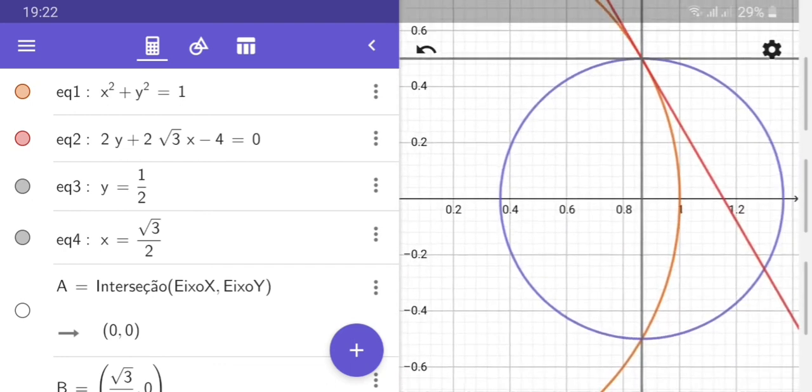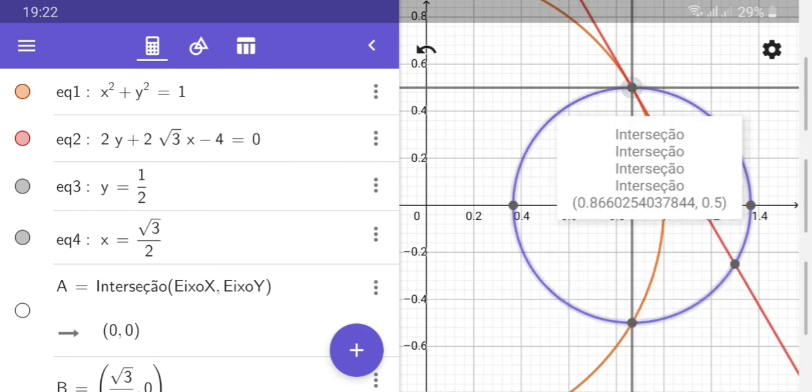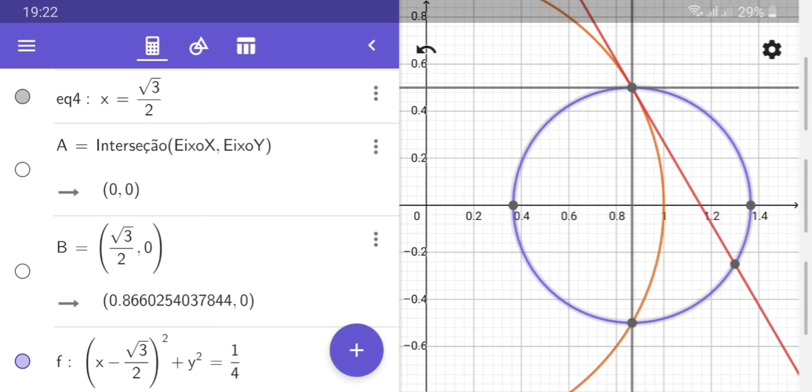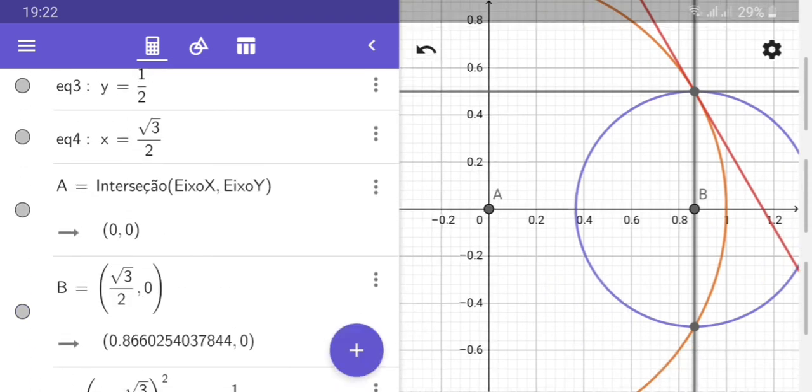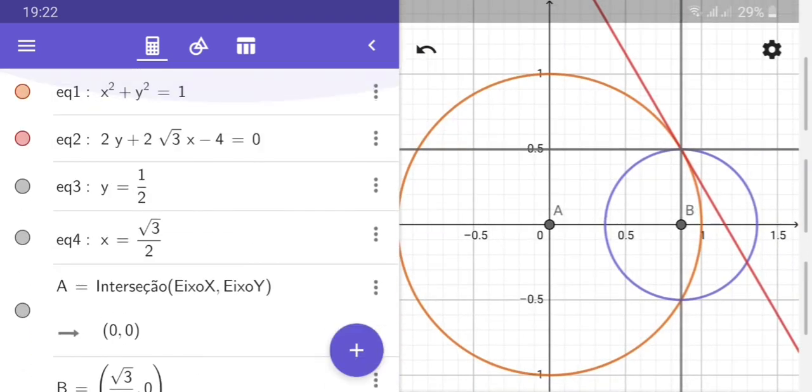Look, just as I told you, B is the center of the blue circle. You see that they are in the same line over here, and A is the center of the orange circle.